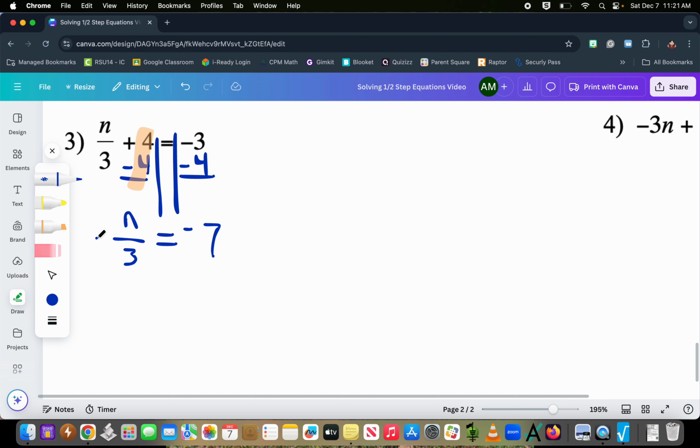Opposite of division is multiplication. So I'm going to multiply both sides by 3. This makes 1n, or n. On the right side, I have negative 7 times 3. A negative times a positive is a negative. In this case, negative 21.